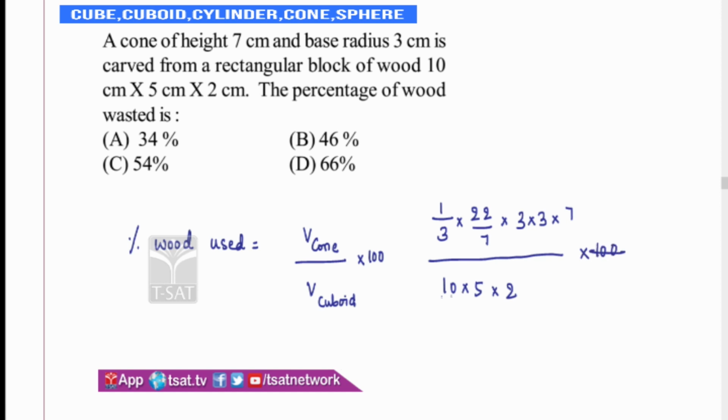So 100 100 cancel, this 21 21 cancel. So there is 66% of the wood used. So if 66% of the wood used, therefore you can say 34% of the wood is wasted. So the percentage wasted is 34.